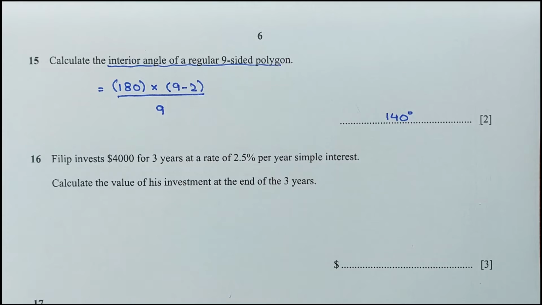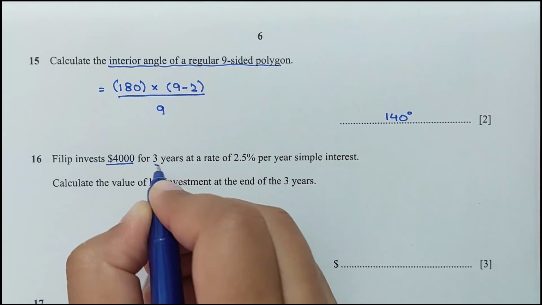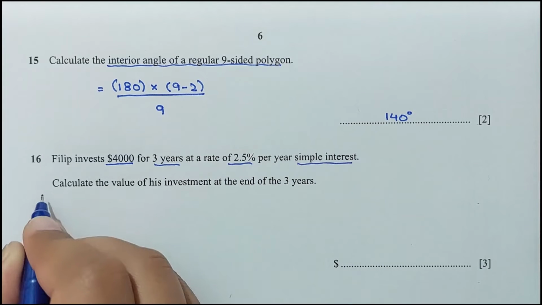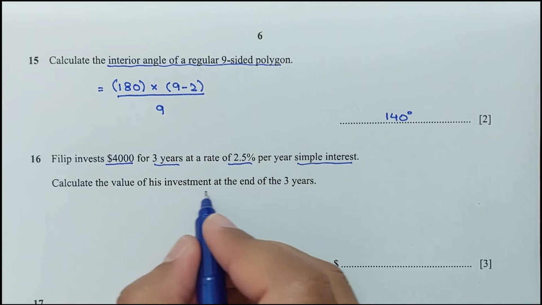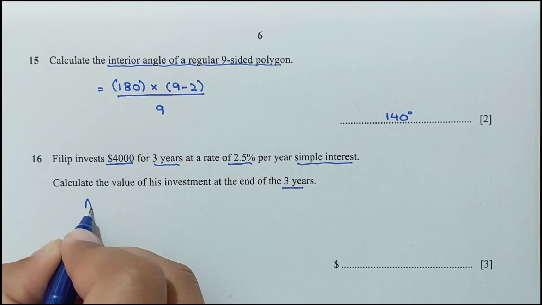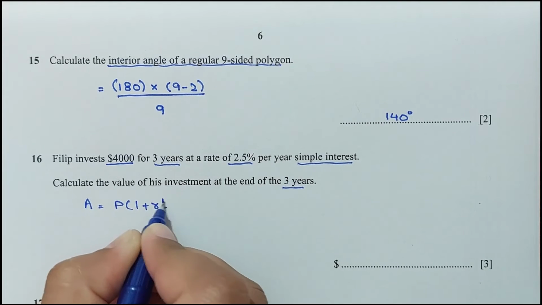Question number 16. Philip invests $4,000 for 3 years at a rate of 2.5% per year simple interest. Calculate the value of his investment at the end of 3 years. So for simple interest, the value of investment A equals P times (1 plus RT), right?